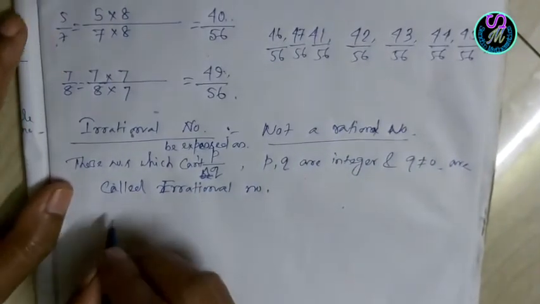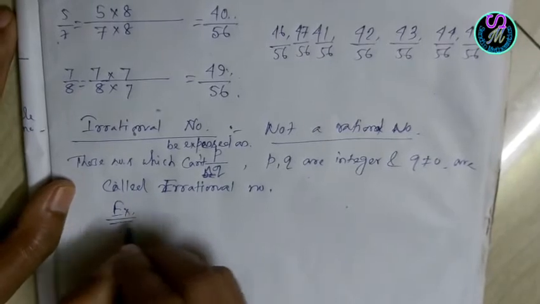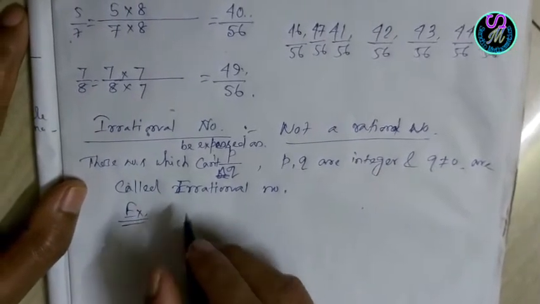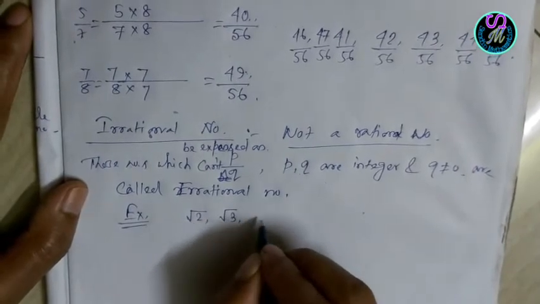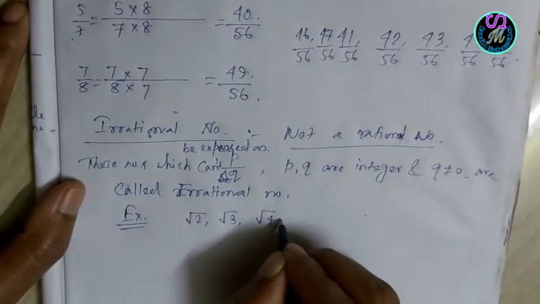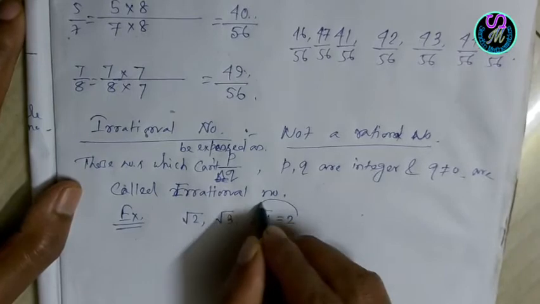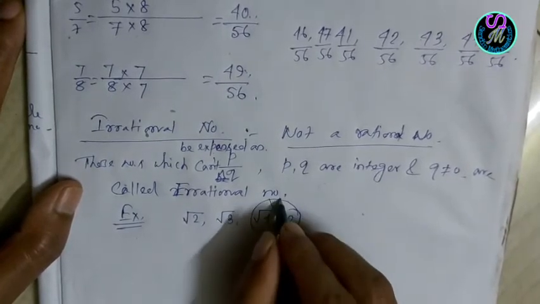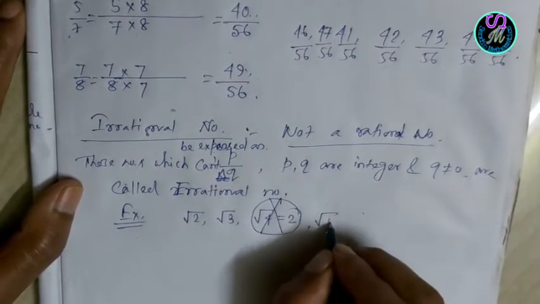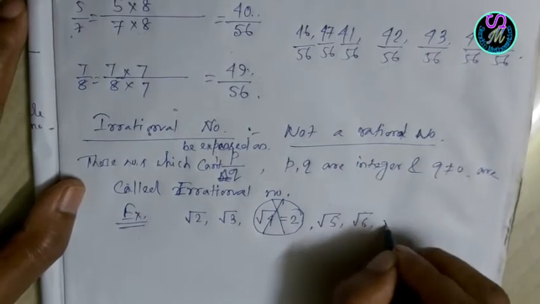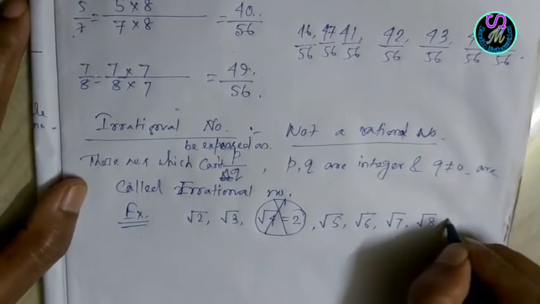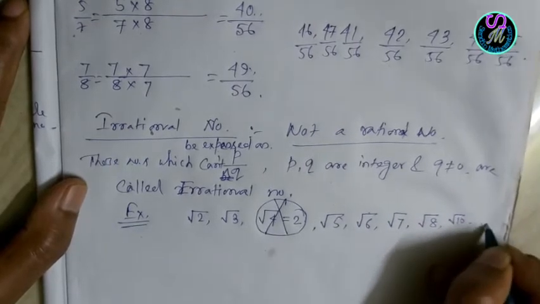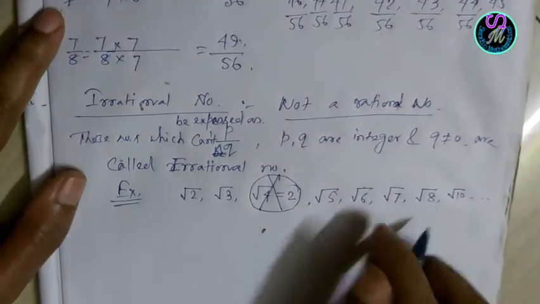Now an example of irrational numbers: root 2, root 3, not root 4, because root 4 is equal to 2, so we cannot include it. Root 5, root 6, root 7, root 8, not root 9, root 10. These are irrational numbers.